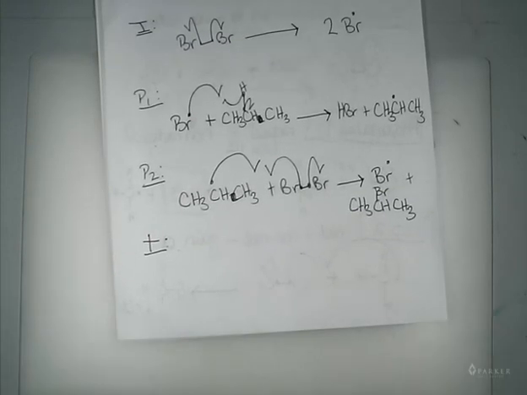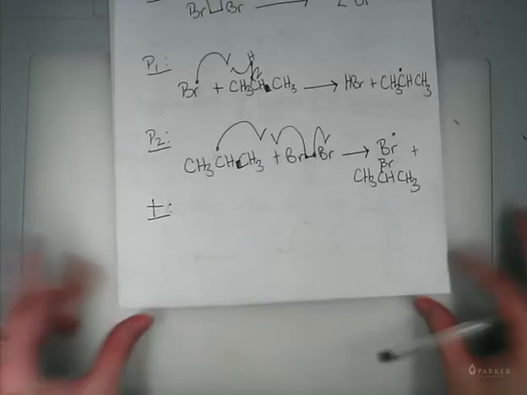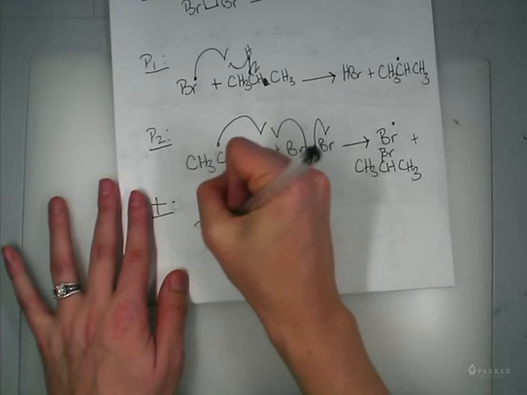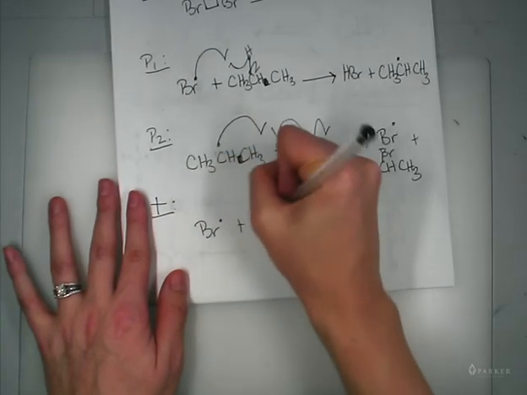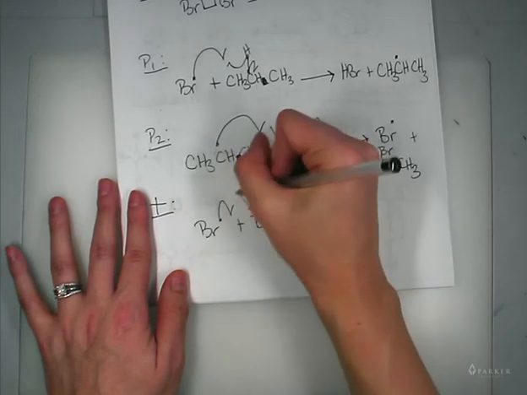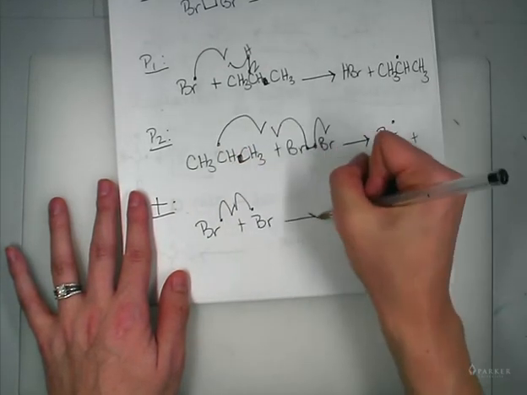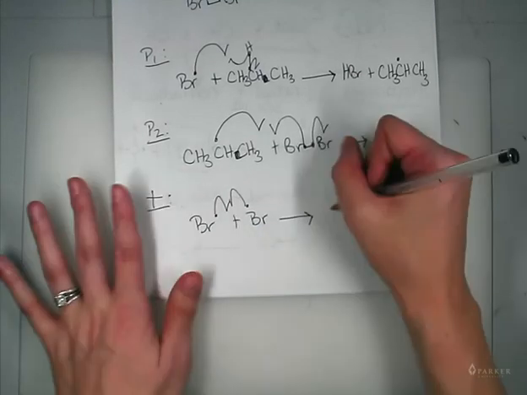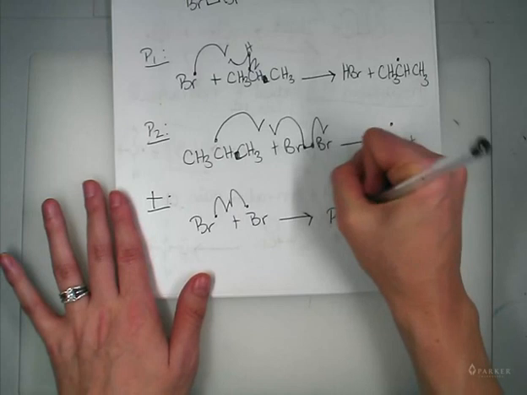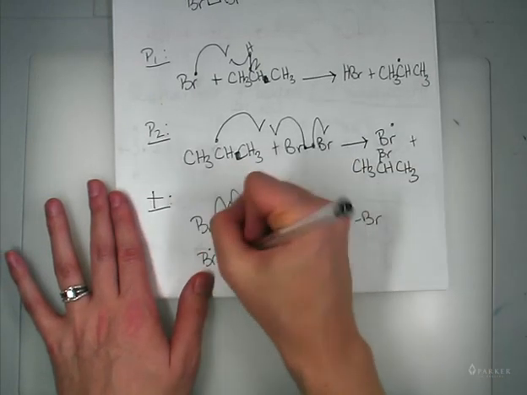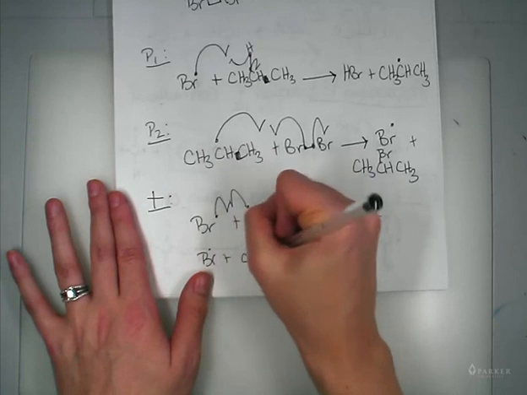Okay, then termination is always between what? 2 radicals joining together. So let's look at all our possibilities. Give me one. Bromine plus bromine. Yeah, so bromine, bromine, and what do we make? They're 2 bonded together. Then you said bromine, propyl.